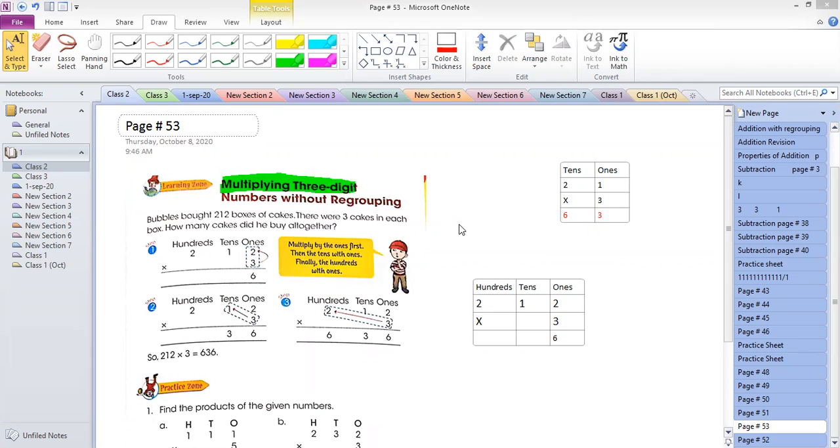Why 1? We learned the multiplication property that whenever you multiply any number by 1, you will get the same number in the answer. If you multiply 2 by 1, you will get 2. 3 by 1, you will get 3. 4 by 1, you will get 4. So 3 multiplied by 1 equals 3.